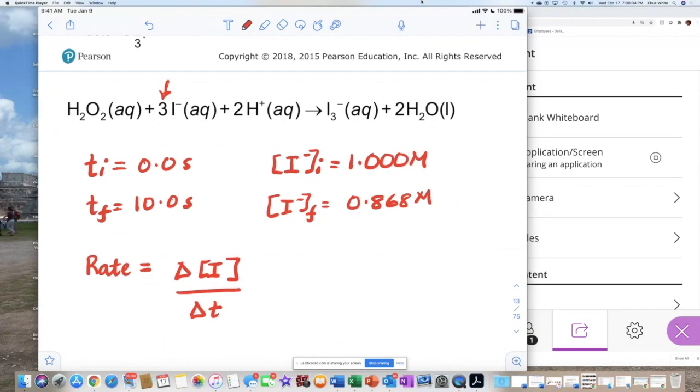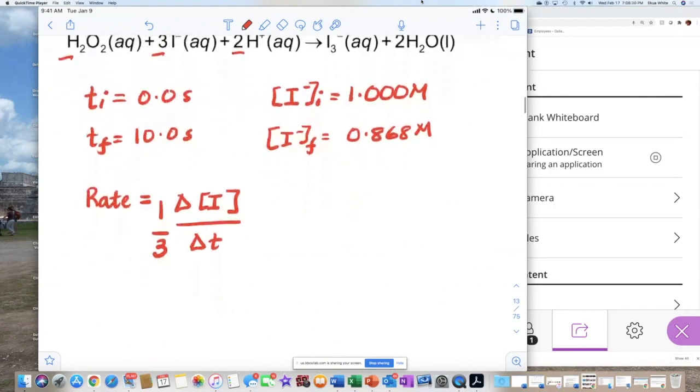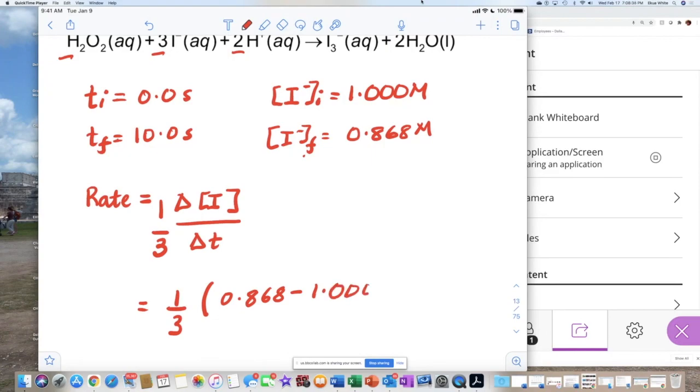Okay, we're trying to figure out the rate of the reaction. They only gave us I minus, right? Remember the stoichiometry factors in here because you have different coefficients, so you have to include the 1 over 3, right? Times change in I over change in T. So this will be 1/3 change in I. Change in I will be the final minus the initial, so 0.868 minus 1.000.